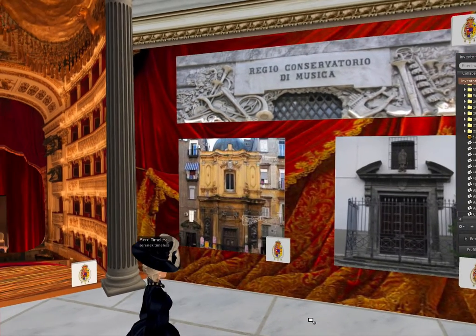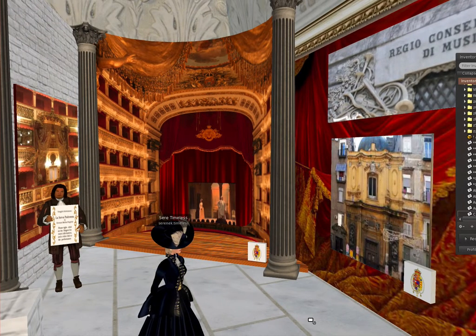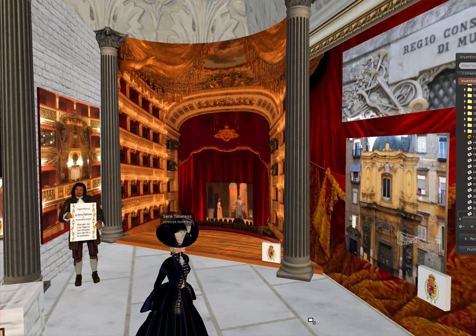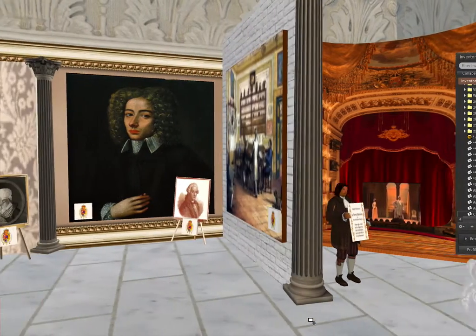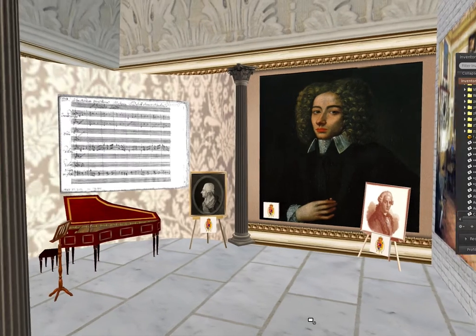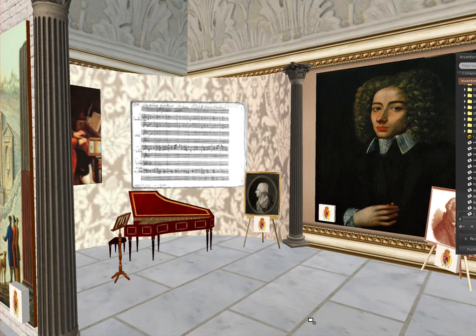Our exhibit talks about all of that, and it also talks about some of the famous operas. Here, the Serva Padrona opera by Pergolesi, and some of the more famous musicians of the time over in this area right here. Those musicians included Scarlatti and others.